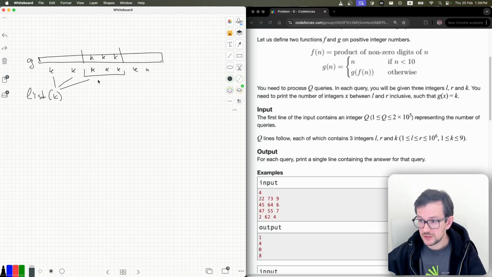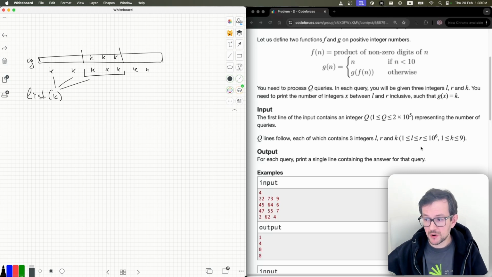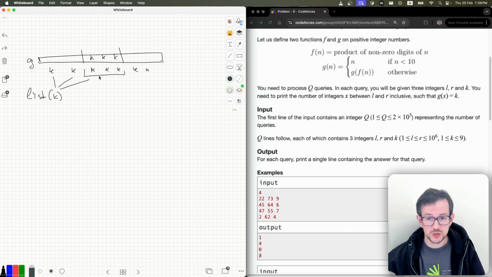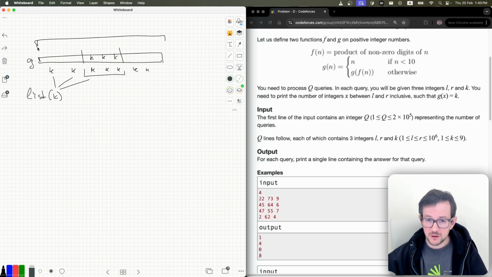Or you can do it differently, like I did. You can see that the number of values k is kind of small. So instead of having containers, you can just make 10 containers of size n, and it will also be fine. Let's call them A_k. In this container, I'll just put ones in the positions of value k.